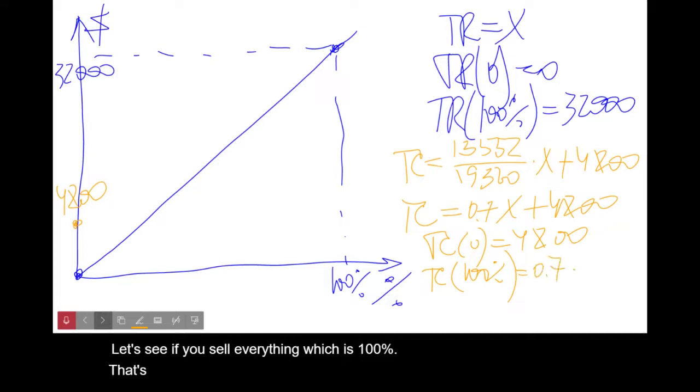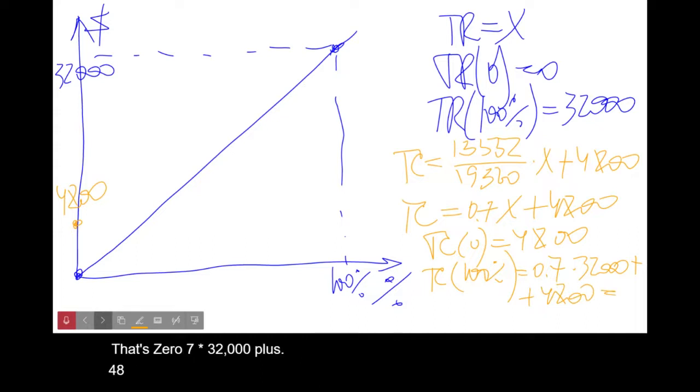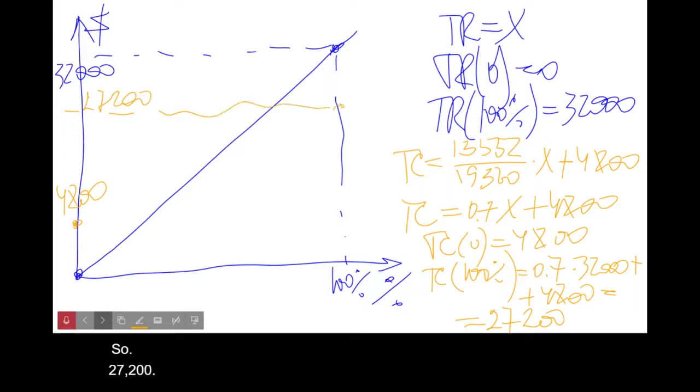That's 0.7 times 32,000 plus 4,800. So what is it? 27,200. So 27,200 right there. Boom. That's total cost function.